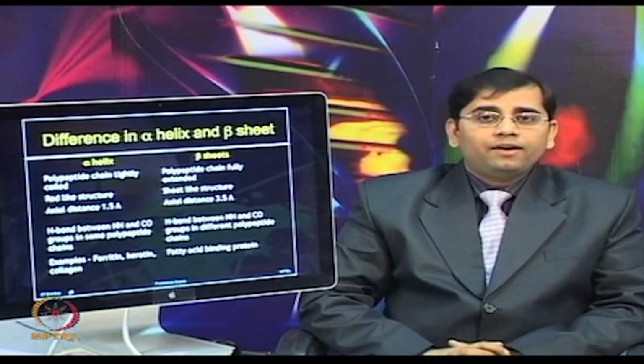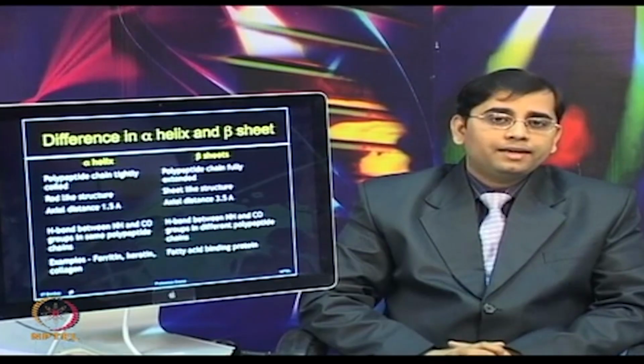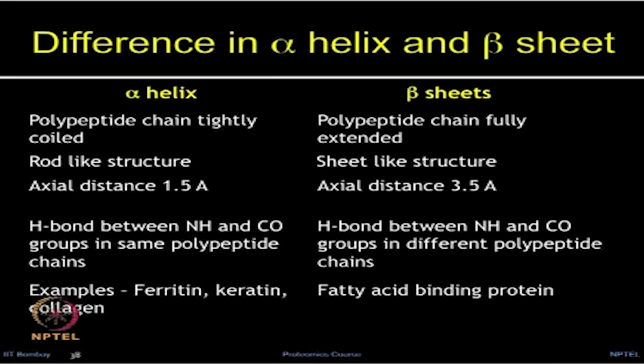The differences between alpha helix and beta sheet are summarized in this slide. The alpha helix polypeptide chain is tightly coiled, whereas in beta sheet it is fully extended. Alpha helix is a rod like structure and beta sheets are sheet like structures. The axial distance between adjacent amino acids is 1.5 angstrom in alpha helix, whereas it is 3.5 angstrom in beta sheets.